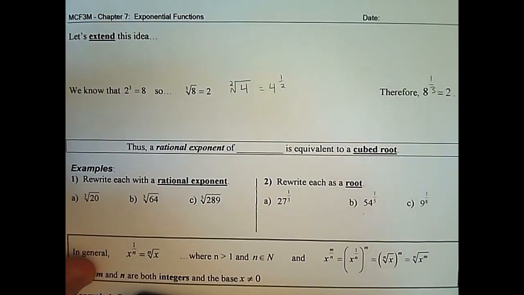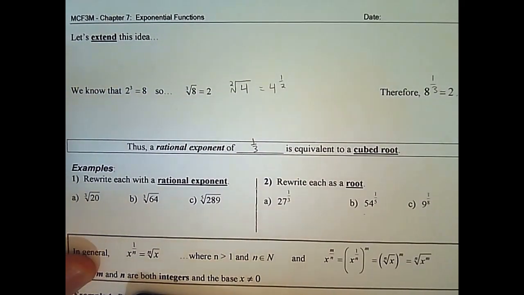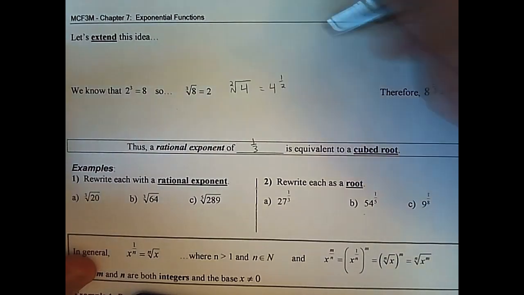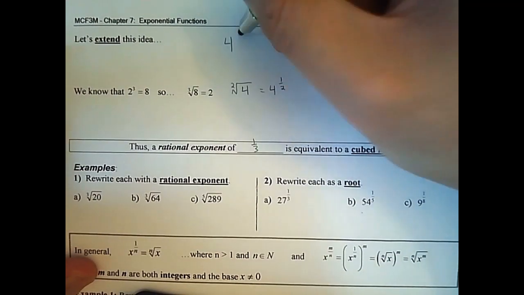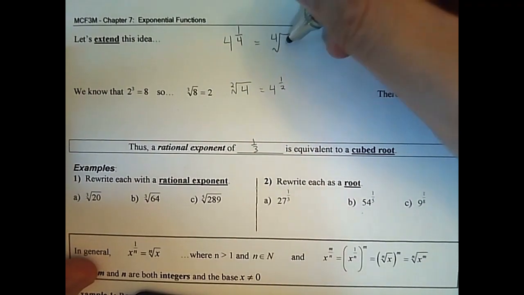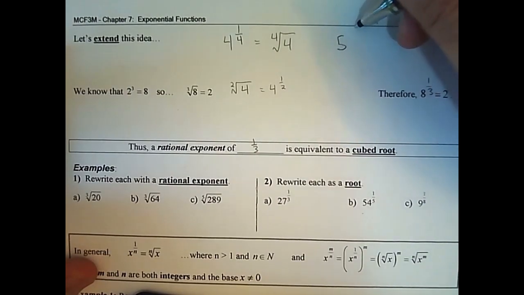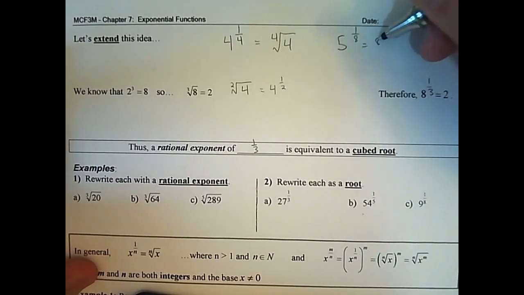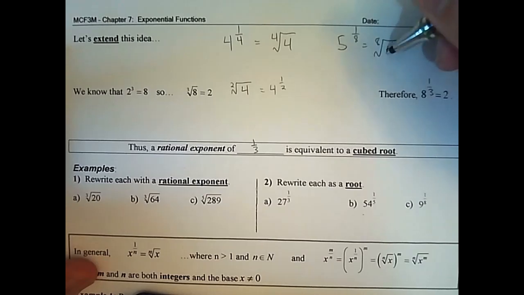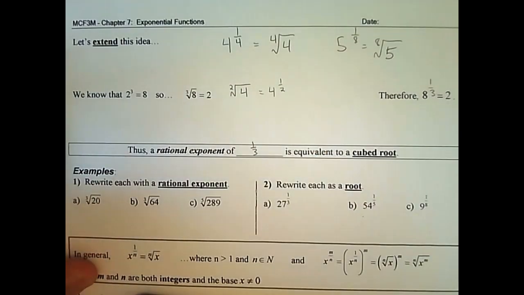So the rational exponent of 1 over 3 is equivalent to a cube root. And it doesn't matter the fraction actually. If I have 4 to the power of 1 over 4, that's the same as a fourth root. If I have 5 to the power of 1 over 8, that's going to be an eighth root of a number. Like that. So this is a pattern that's consistent for all of our roots as a rational exponent.